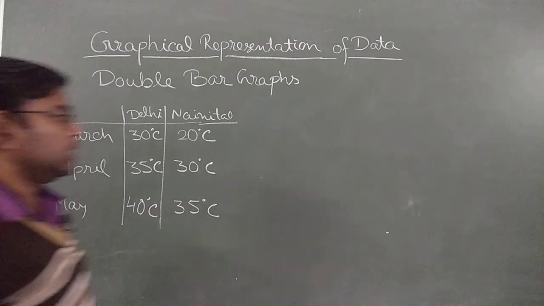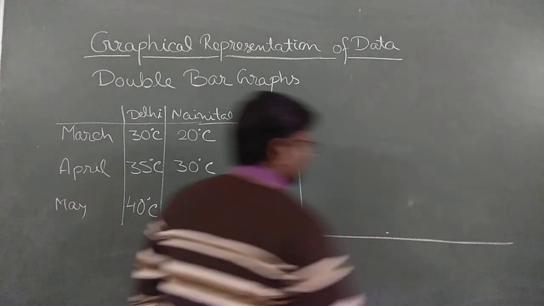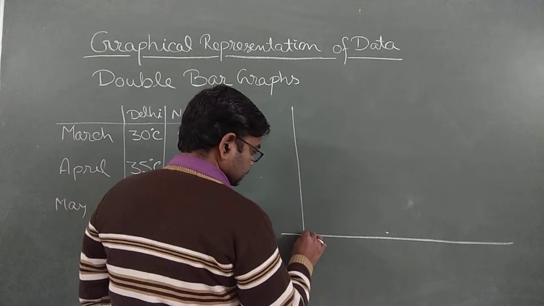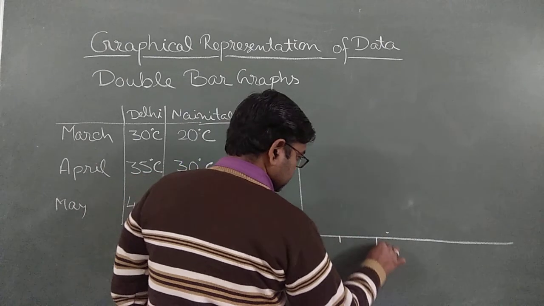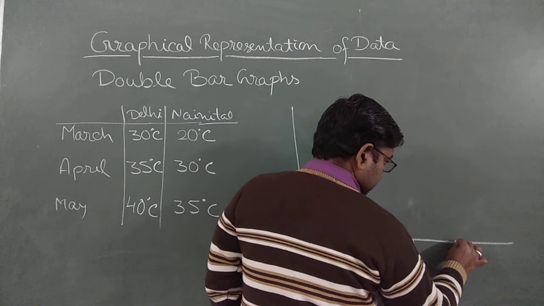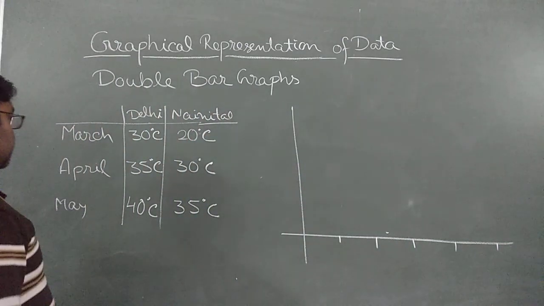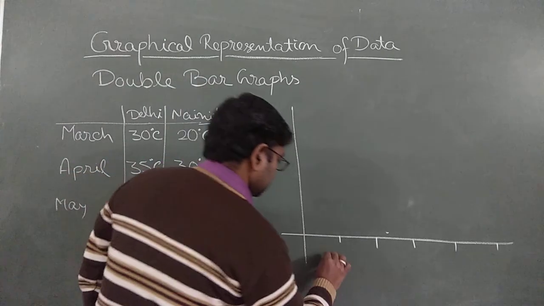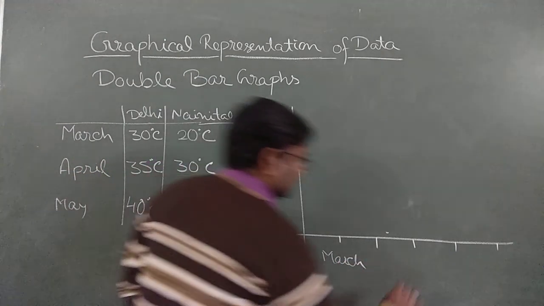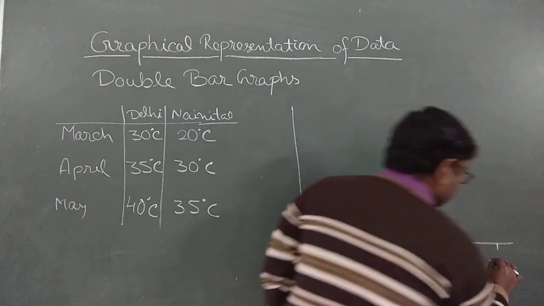As with a bar graph, we plot both the axes. Now choose some equal distance. We can write down the months: March, then we leave some gaps, April and May.